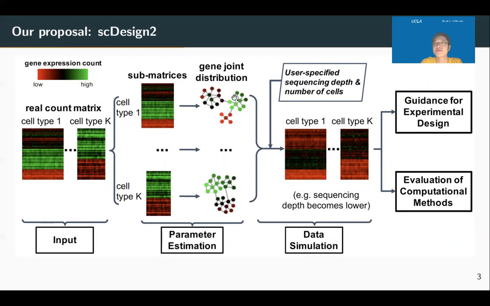In the joint distribution, we not only learn the marginal distribution of gene expression, but also the correlation between the gene expression of different genes. Then in the data simulation step, we use our fitted joint distribution along with user-specified sequencing depths and number of cells to simulate synthetic data, which can be used for experimental design and computational methods benchmarking.